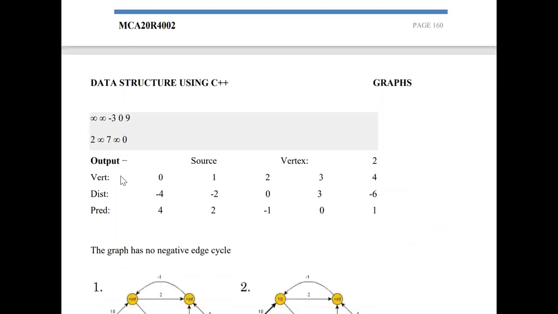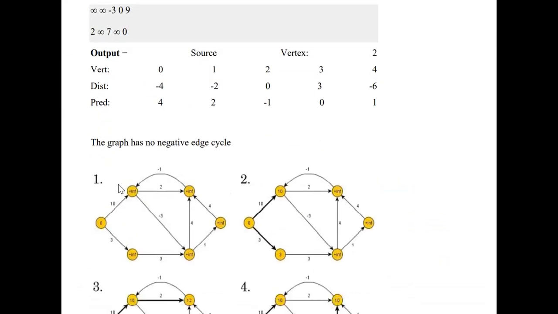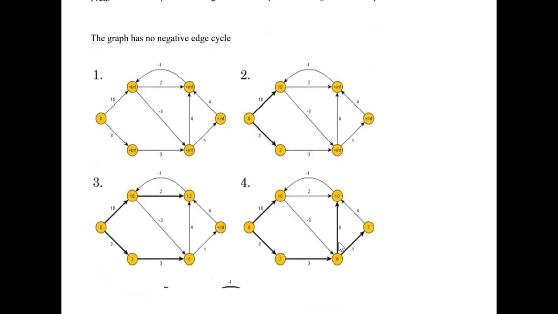In the output, we can handle the negative value. The cost of the weight denoting a negative edge cycle can be handled. So this is the difference between Dijkstra's and Bellman-Ford algorithm.